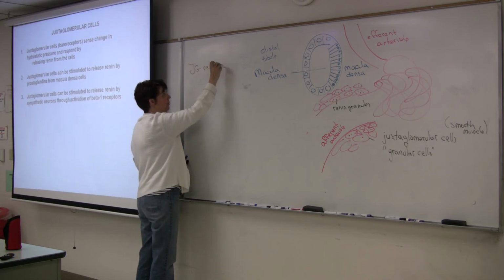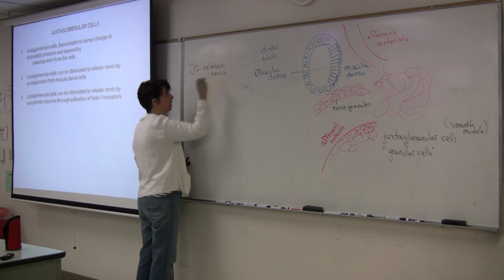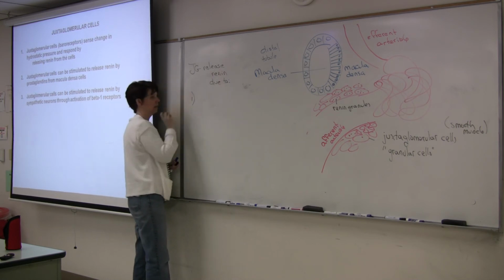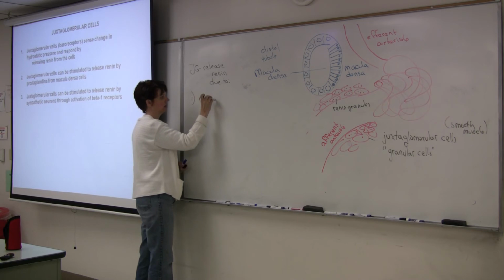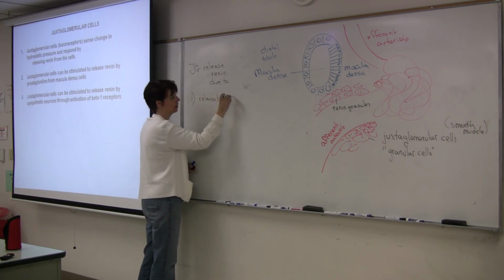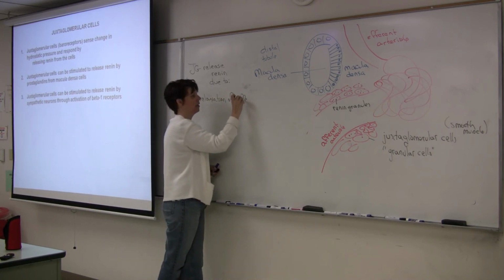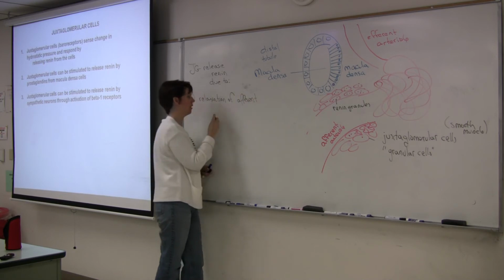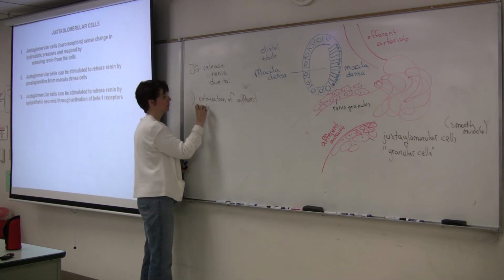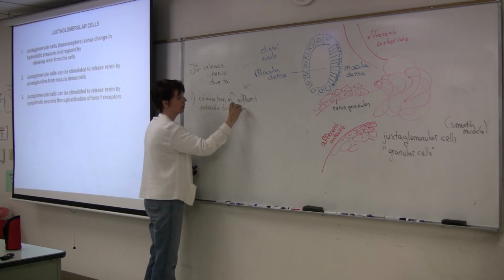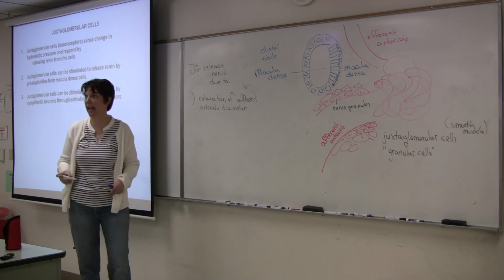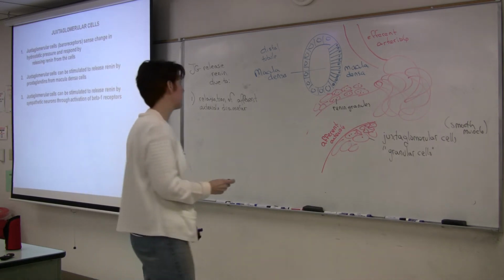So JG cells release renin due to, one, relaxation of afferent arterial diameter. We'll come back and talk about what actually happens, what the renin actually does.